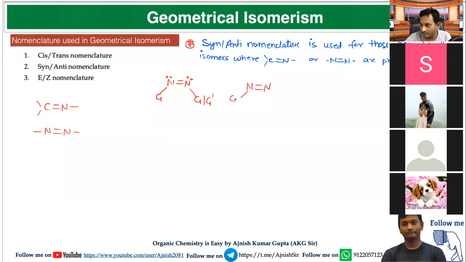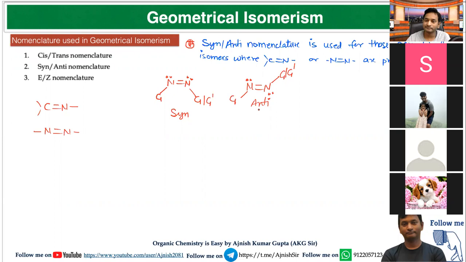Here one group is here and another group is here, and the lone pairs are in these directions. When both groups are on the same side of the restricted bond, such configuration is called syn. But when both groups are on the opposite side, it is called anti.